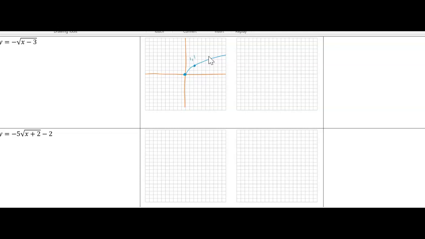I'll call that 1, 1, and we'll do 4, 2. Not the most accurate scale, but it'll do. And we got 0, 0 as well. Let's put that in.